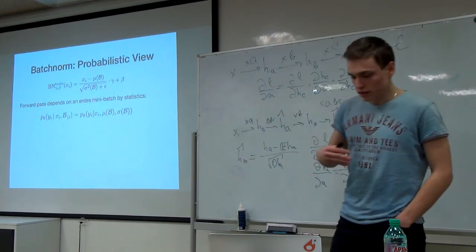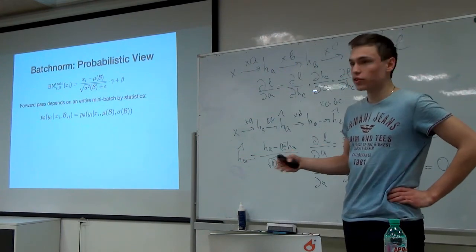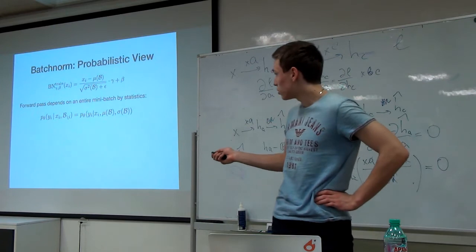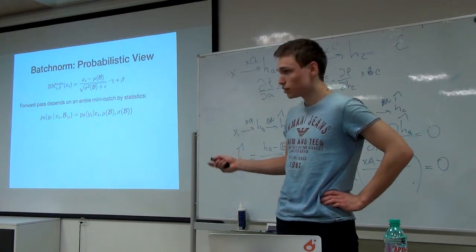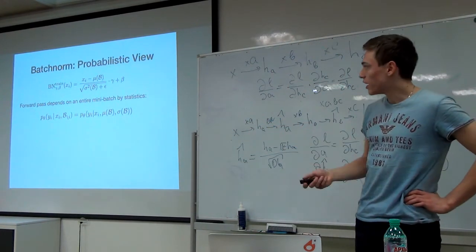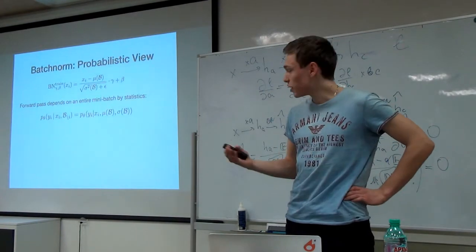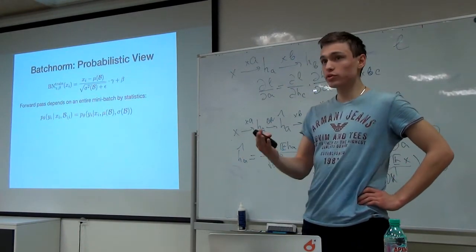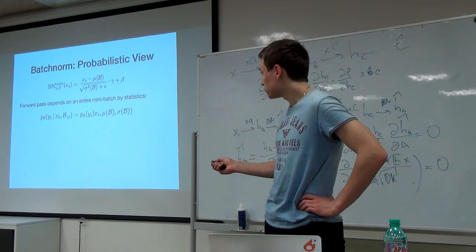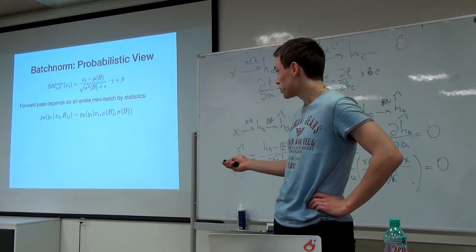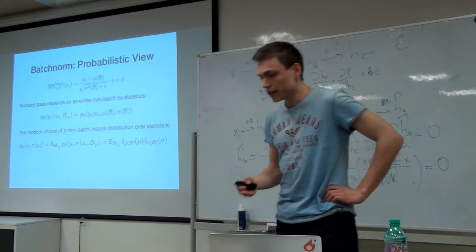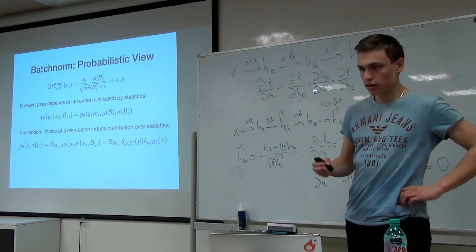Okay, and during training, we can randomly choose these objects to fill the batch, and this randomness actually induces a distribution over the statistics mu and sigma.